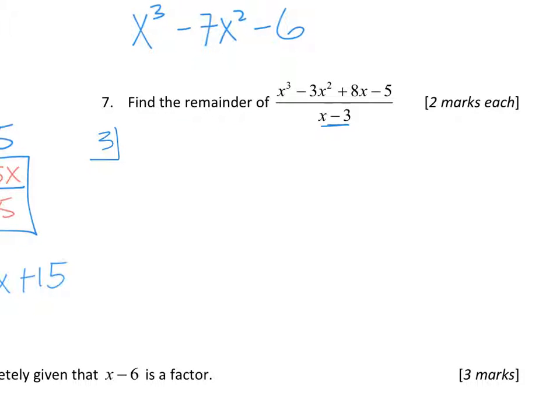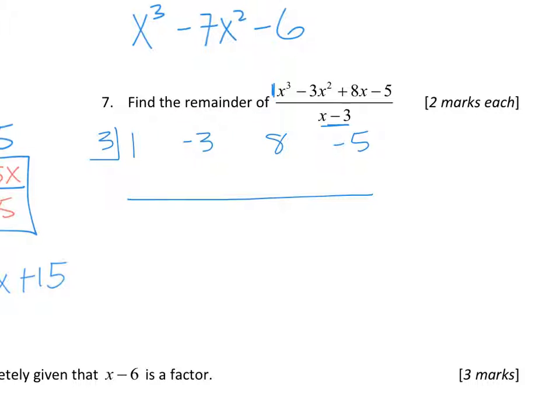Just some of these little bits might look a little different to you. And then across the top, we need all the coefficients from this top polynomial. So 1 x cubed. If it helps to write that 1 in, you can do that. Minus 3x squared, 8x, and negative 5.